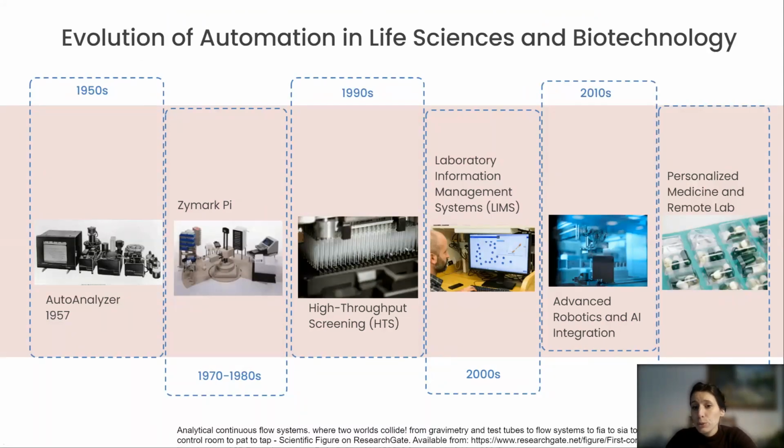This is a quick overview of the evolution of automation in life sciences and biotechnology. Basically, we're looking at from the very early phases of automation, where it was started in the 1950s with a very simple setup of an auto analyzer, all the way to where we are today, where basically we've expanded from an initial setup that is semi-automated to a high throughput setup to where we are today, which is basically complete remote work, or maybe even personalized medicine.